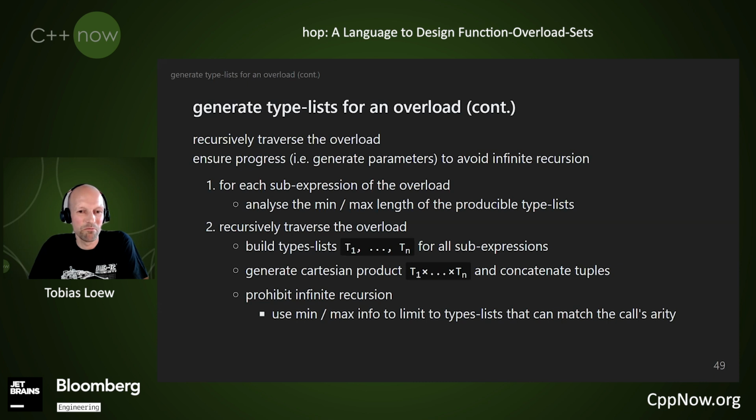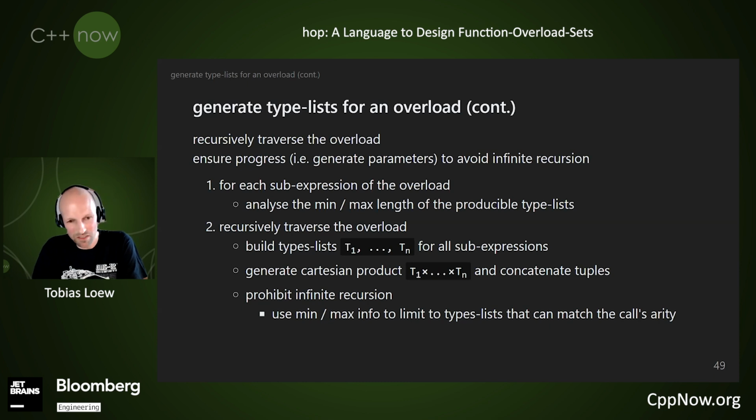Therefore, we will use the min and max info to limit to type lists that can finally match the called arity. So when we know that the minimum number that will ever be produced from a type list is larger than the arity of the call, we will never be able to create a viable overload from that.